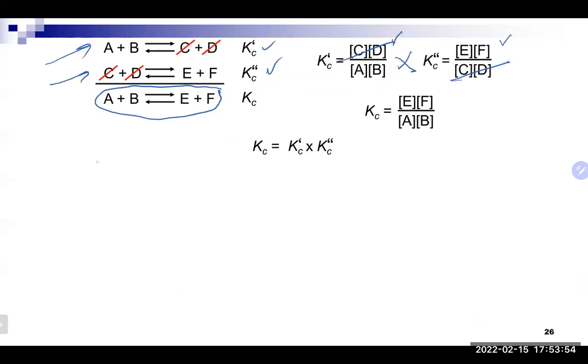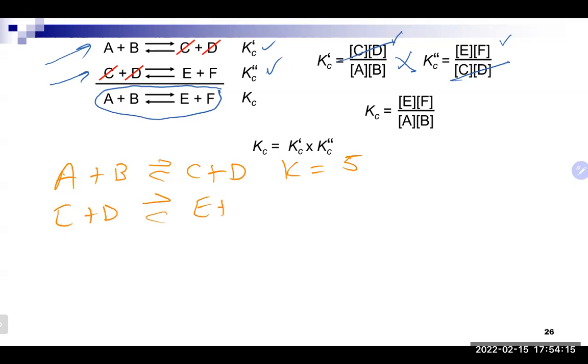Here. So let's say, for example, we had A plus B goes to C plus D. Now let's just say the K value is 5. And let's say we have C plus D, like we got up there, goes to E plus F. And we'll just say the K value is, we'll go 6, just make up a number, why not?